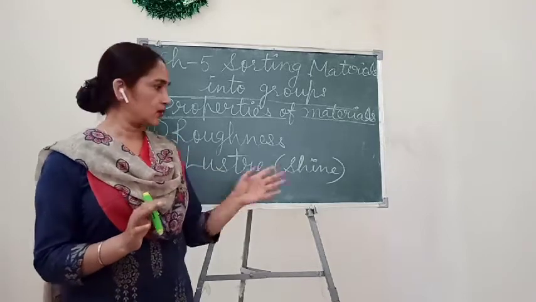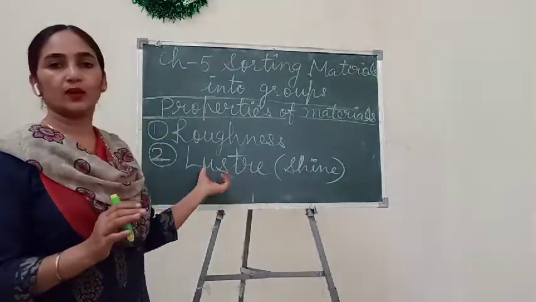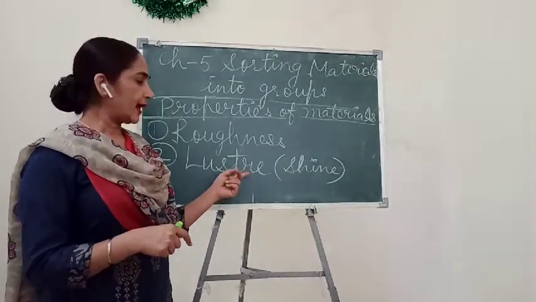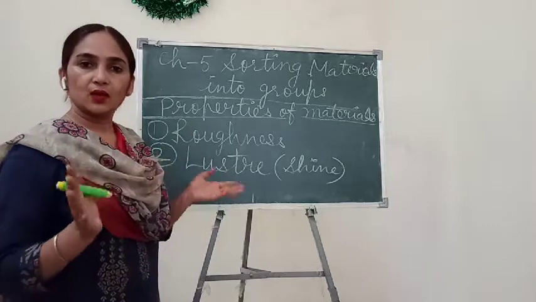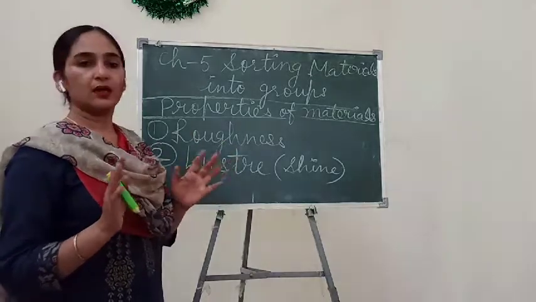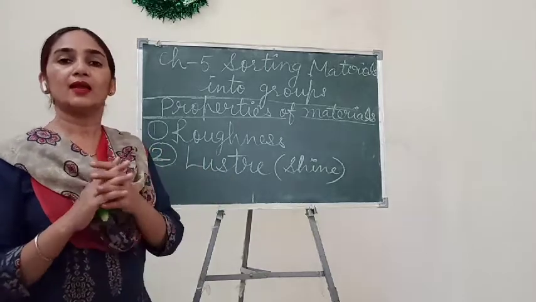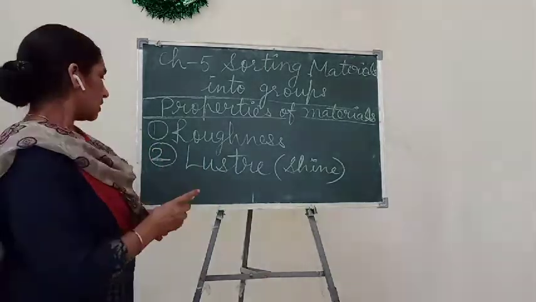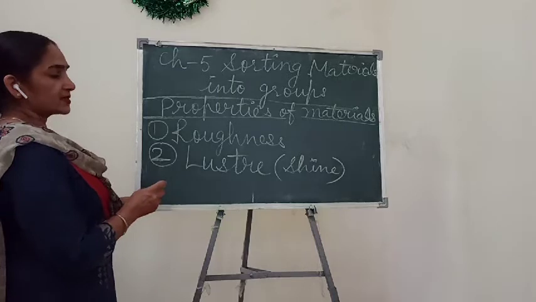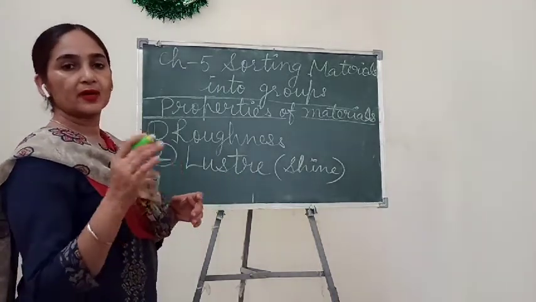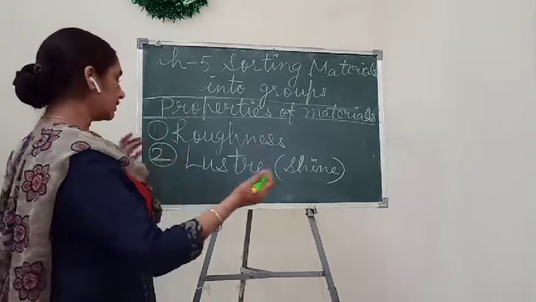This word luster is a scientific term, so you have to use it. Wood is non-lustrous, and all the metals are lustrous in nature. So on the basis of this characteristic also, we can sort out the different materials.